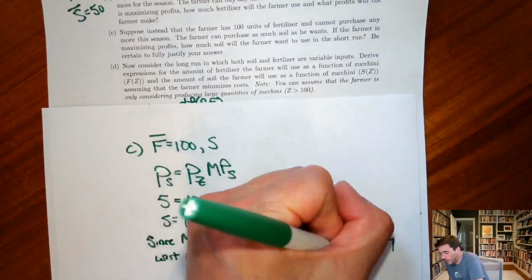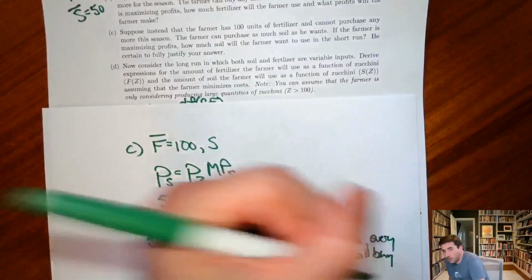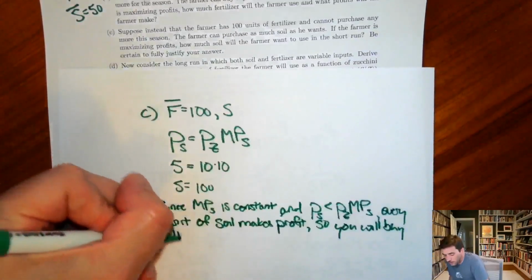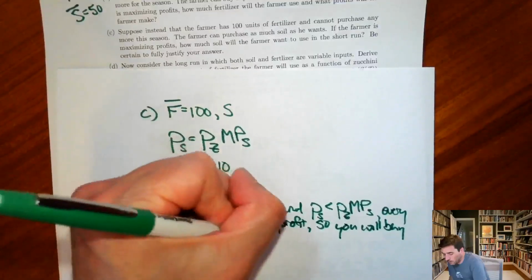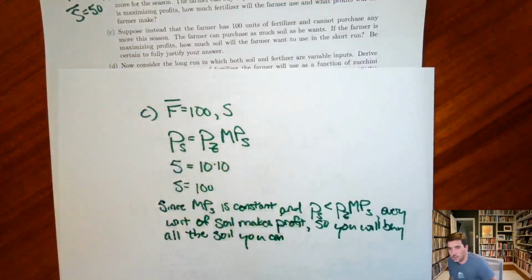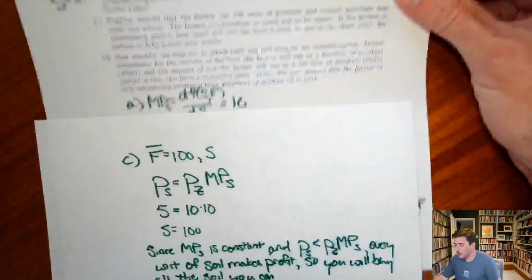So you will buy all the soil you can. All right, part C done.